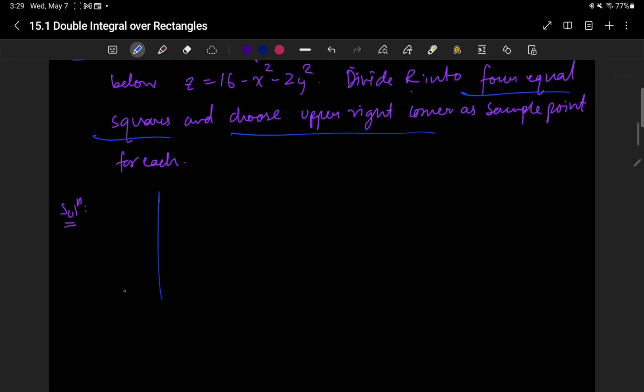Right, so first of all, I'll start with the region R. It's 0, 2 cross 0, 2. Breaking this into 4 equal squares will give me squares of the following size, and these will be the coordinates of these points.